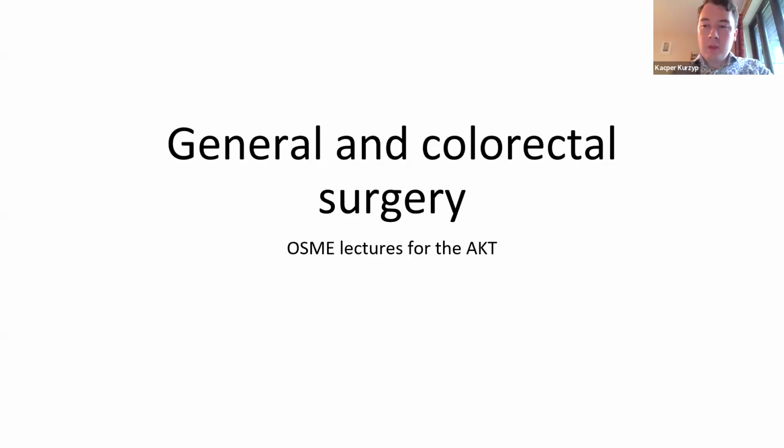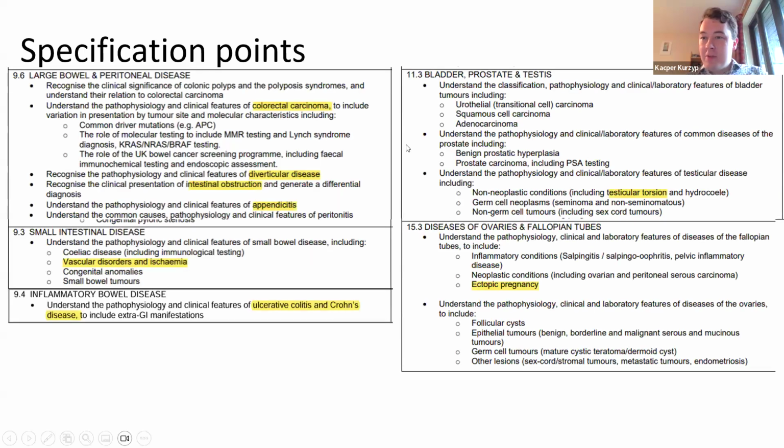So, today we will cover general and colorectal surgery. We won't cover everything that's in the abdomen. However, we will cover a few key, high yield conditions that are likely to come up in the exams, and disorders not to miss.